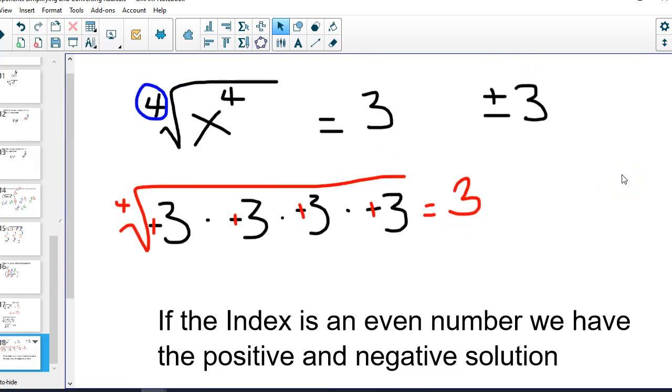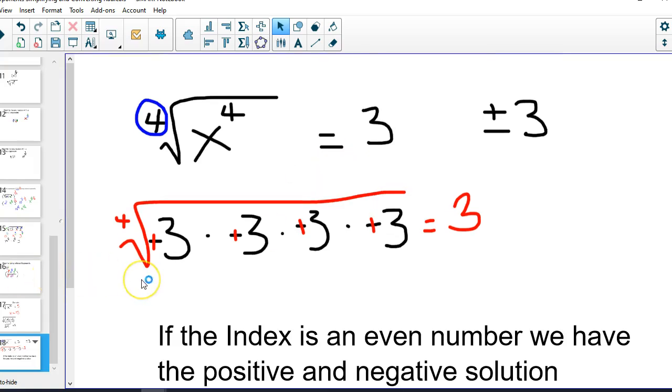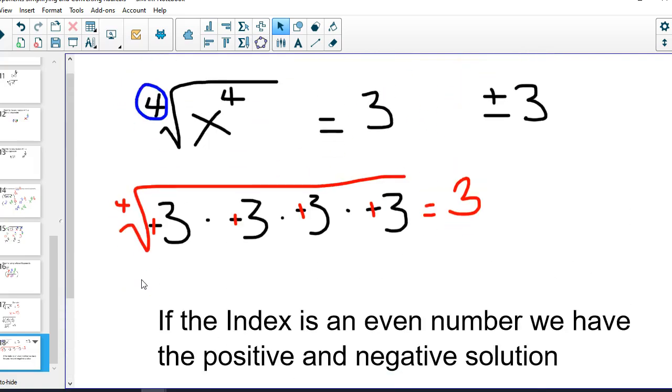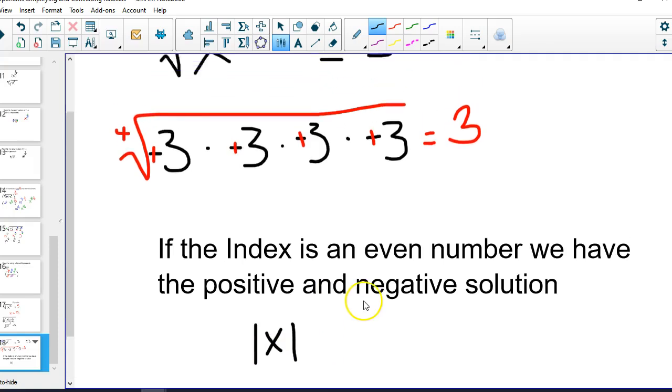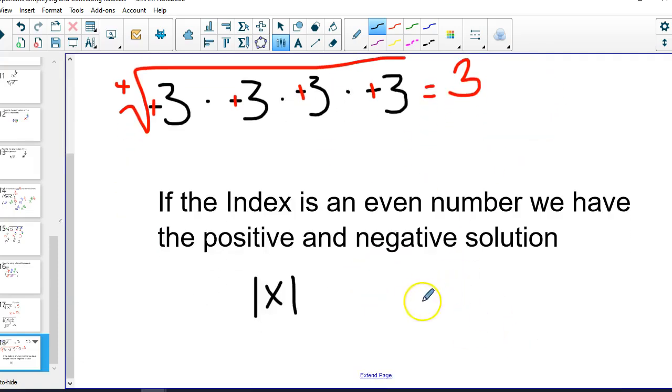Pretty much when you take it out, it's going to have to be one or the other. Similar to our absolute value functions, which you guys have worked with recently. We'll cover more on our domains in class, but when it's an even number, we're going to have a positive and a negative for our answer. Okay? And a lot of the times, the way we'll write the answer is because the absolute value is so similar, we'll just do absolute value of x. So for our answer here, for plus or minus 3, we just have the absolute value.